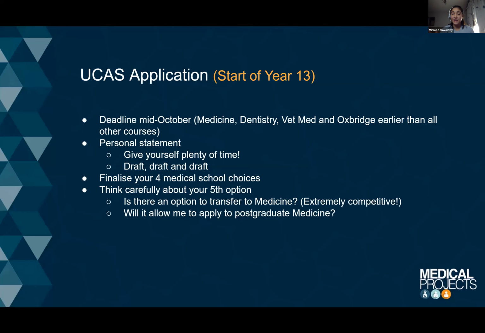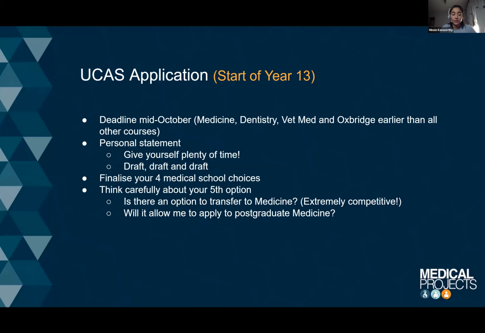So yeah, as I was saying, make sure you think about it tactically. Use your UCAT score to guide where you're going, or if you've got a really big preference, then go for it. And think carefully about your 5th option as well. Some people don't use it at all, but I definitely used it.